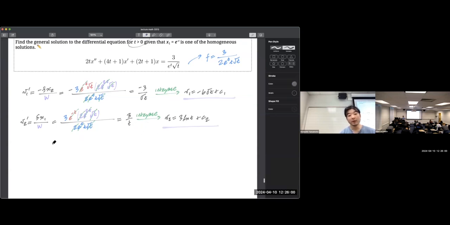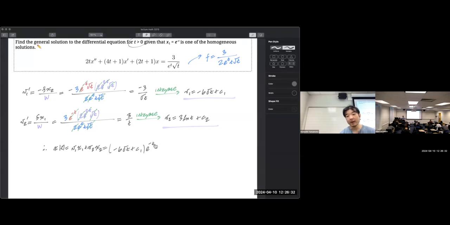Therefore, your full solution is going to be x of t is built off of v1 times x1 plus v2 times x2. And our v1 is this. X1 is e to the negative t.